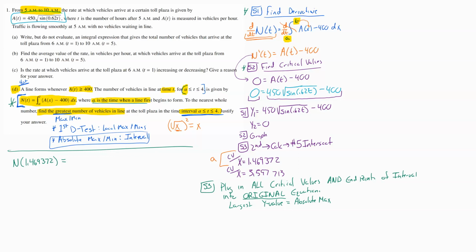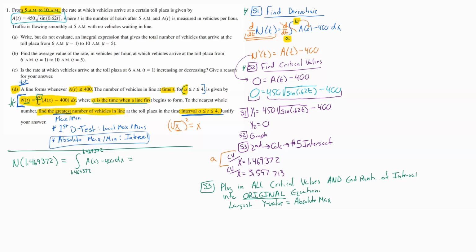Technically the bottom is A, so 1.469372, and our top value, function notation works the same no matter if we're dealing with integrals or not. We're plugging in for that t value because this is an n of t formula. So this would be 1.469372 up at the top, and then a of x minus 400 dx.